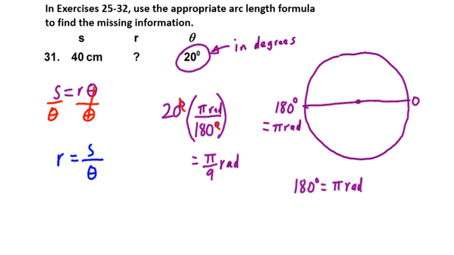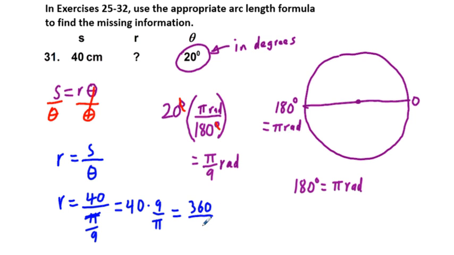So now R is equal to S, which is 40, over pi over 9, which is our angle. That's equal to 40 times 9 over pi. Dividing by a fraction is the same as multiplying by its reciprocal, and 40 times 9 is 360.